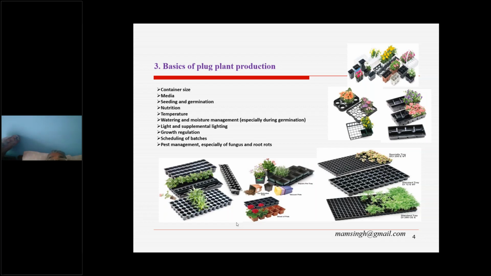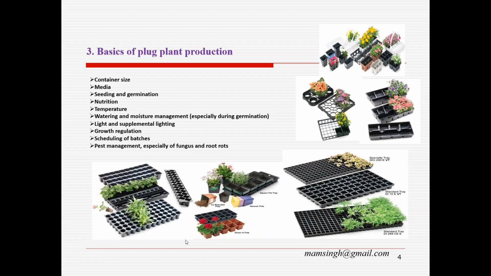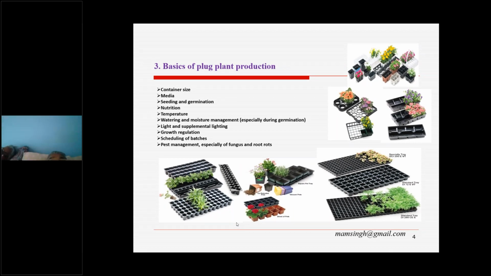And beyond this, if we need to regulate the growth of seedlings in the initial stage, if we know the time of supply of seedlings to the market, or to the consumer, the farmer or the vendor, then we need to regulate the growth using growth regulators. If the seedlings are not growing fast, we can use growth stimulators like NAA.